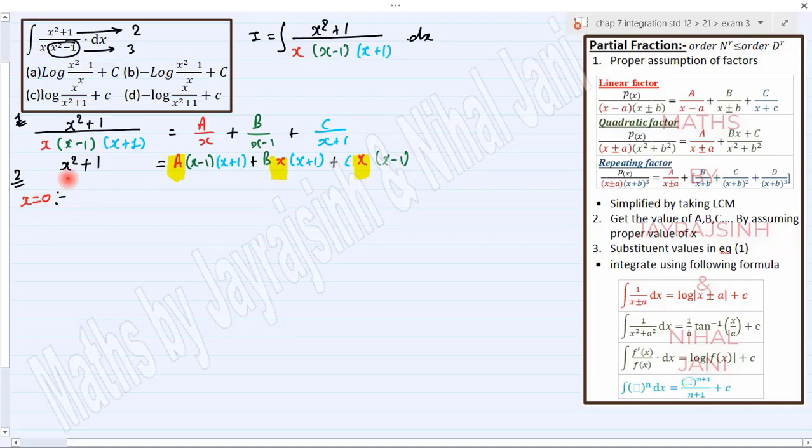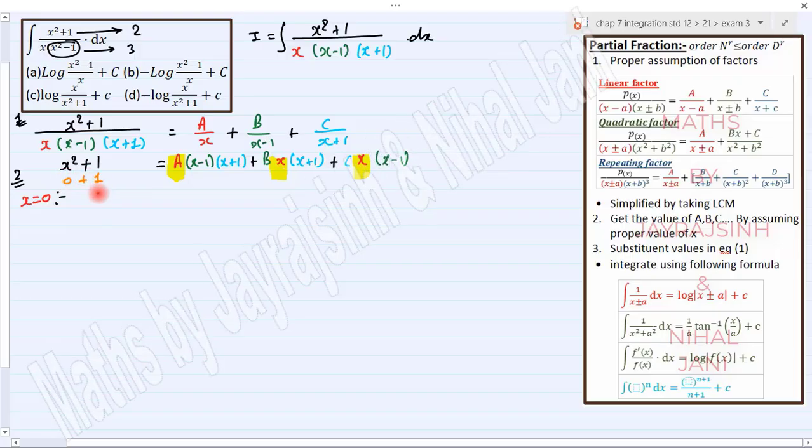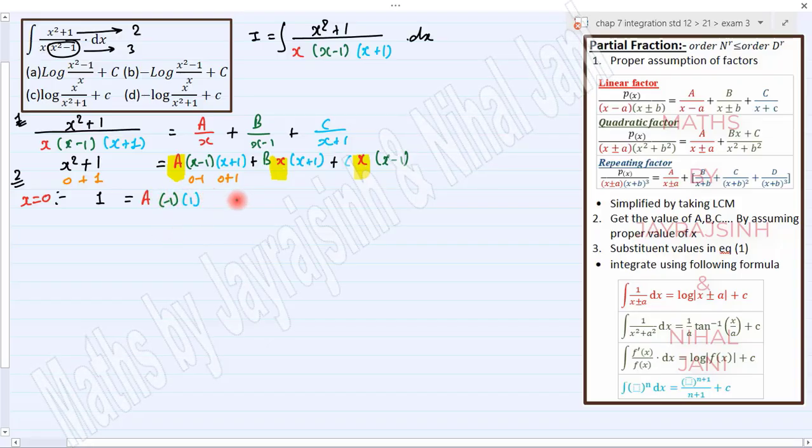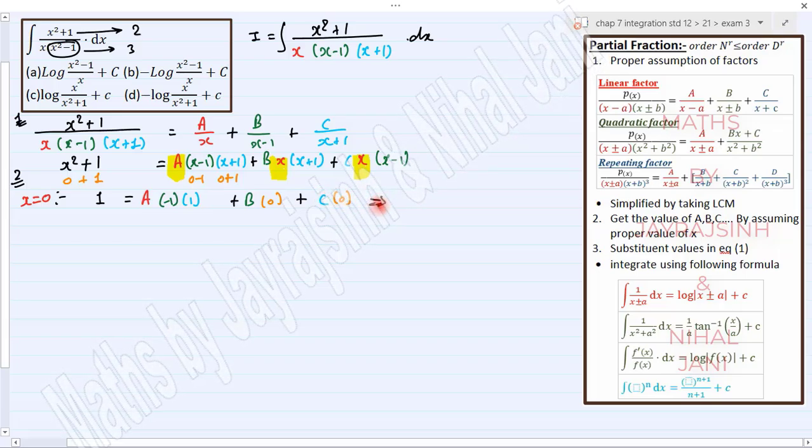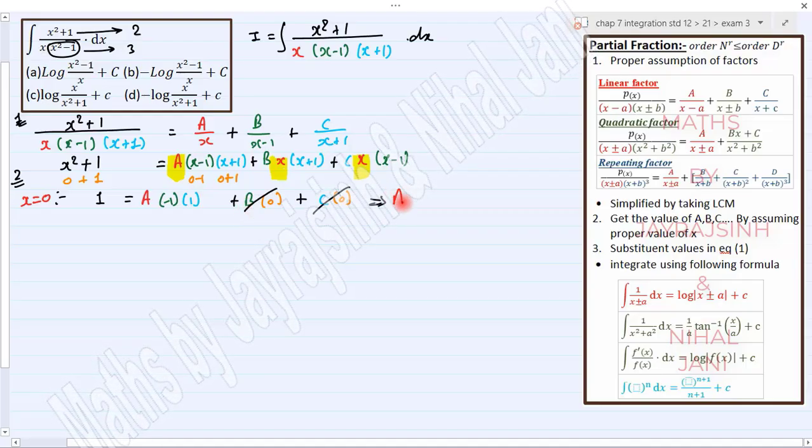So on left hand side we will get 0 plus 1, or we can say 1 is equal to A into 0 minus 1 and 0 plus 1 will give us minus 1 and plus 1, plus B into this x will become 0, and similarly within the multiplication of C we will also get 0. So here we have to neglect the term of B and C. So we will get A is equal to minus 1.